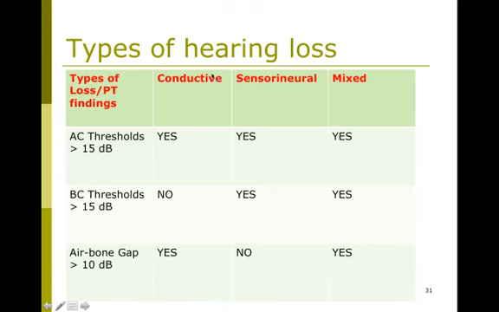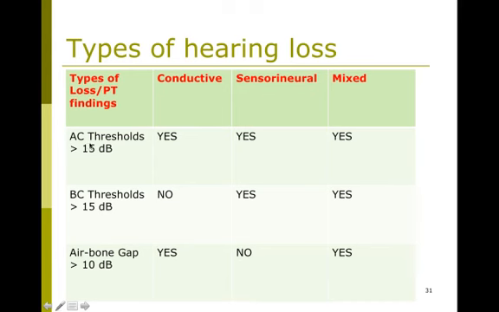So again, to recap, the conductive hearing loss is when the problem is in the external ear and or the middle ear. If you have a problem in the middle ear or the external ear, sounds need to be louder for the person to hear.